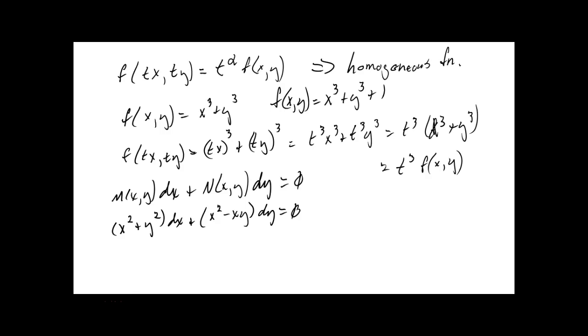Isn't that so much easier than saying, if f of tx, ty is equal to t to the alpha of f of xy, they're homogeneous? Yeah, that's true. But the other way of saying it is, look at the degree of every term.